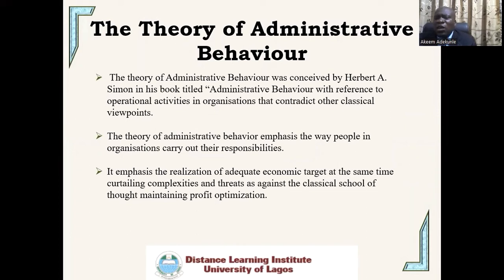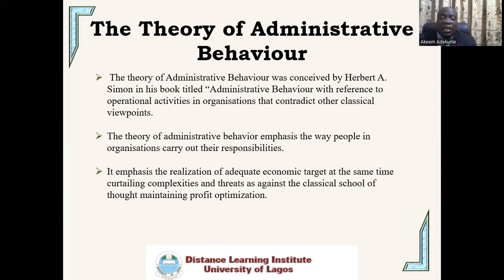And the theory of administrative behavior actually emphasizes the way people in organizations carry out their responsibilities. And it is an all-inclusive term used to describe the procedures with which organizational members carry out their official responsibilities.